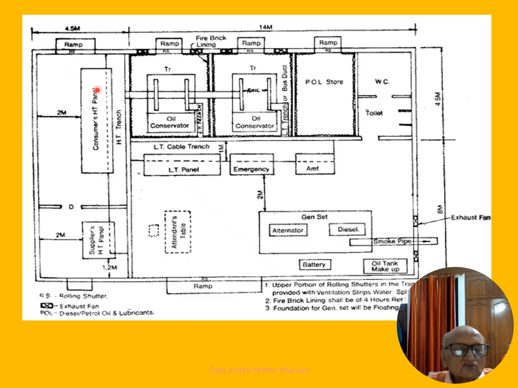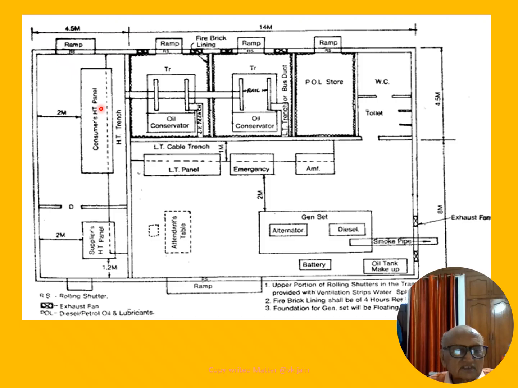Now you have to leave at least 1 meter space behind this ST panel and 2 meter working space for personnel in front. From here we come to the transformer room. If there are two transformers, the ST panel will be three sections and each section approximately 0.8 meter wide.